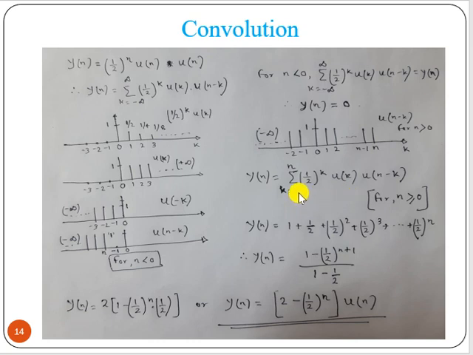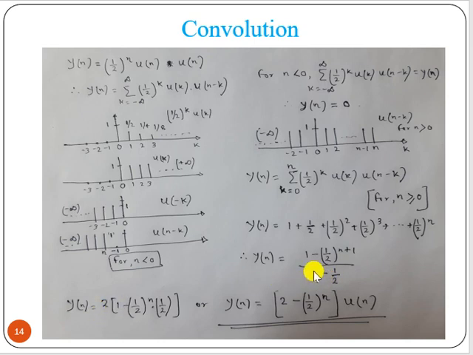Then what we can write: if k equals 0, that will be 1, plus k equals 1 means 1/2, k equals 2 means (1/2) squared, (1/2) cubed, and the last value (1/2)^n. Now this is a geometric series, so the summation is 1 minus (1/2)^(n+1) divided by 1 minus 1/2. You can rearrange that term.